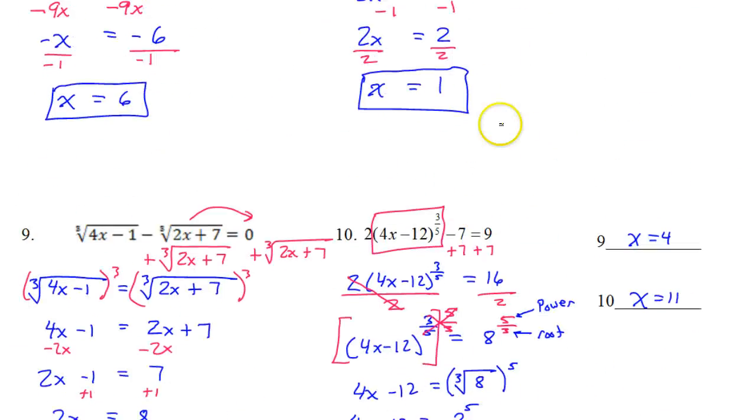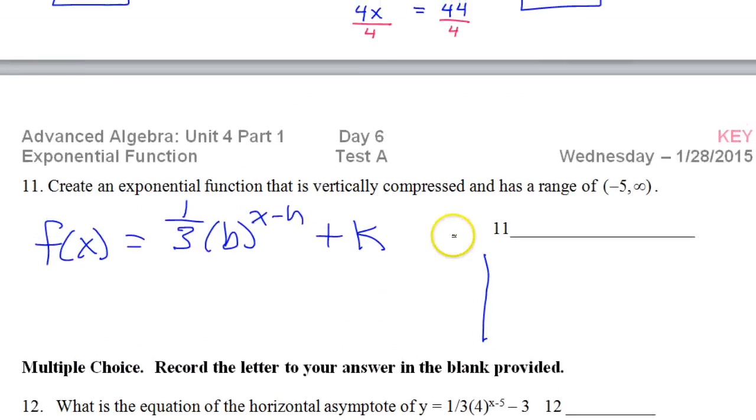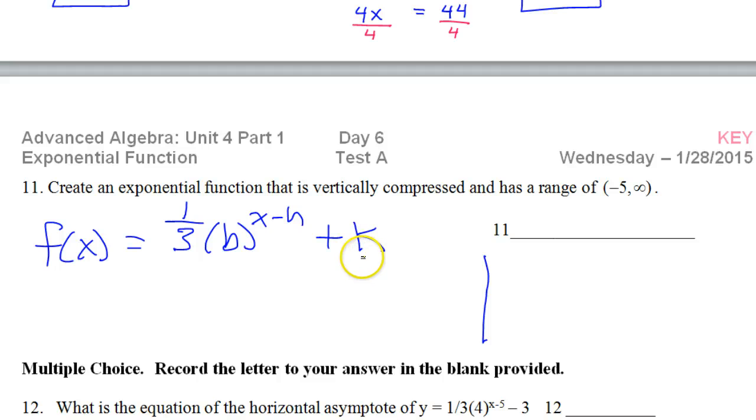So looking at this one, this k value determines what the asymptote is. So basically we want that asymptote to be -5, so that will determine what the range is going to be. So these other values don't really matter.